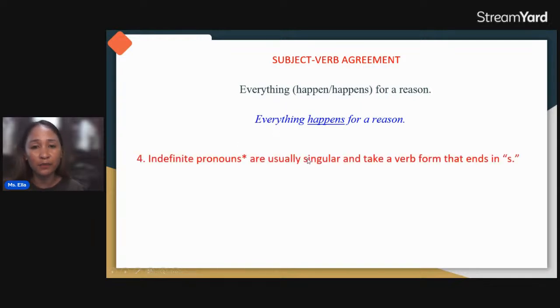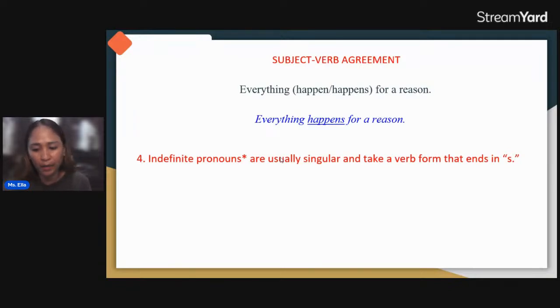Okay, here's the reason why. Everything is an indefinite pronoun. Indefinite pronouns are usually singular, and they take a verb form that ends in s. That means we are considering indefinite pronouns as singular usually. Not all indefinite pronouns, but most of them we take as singular.